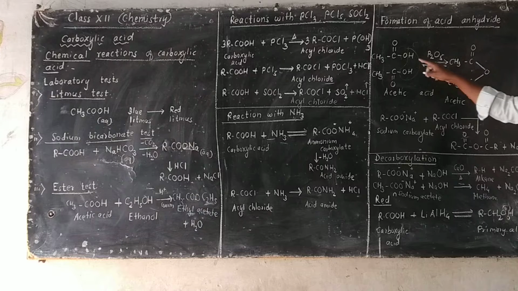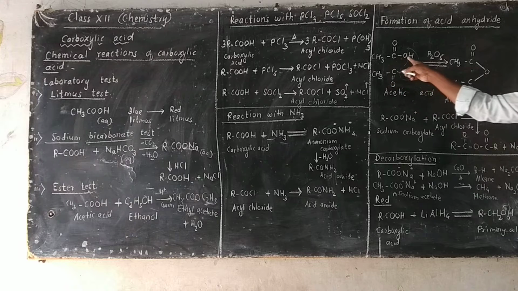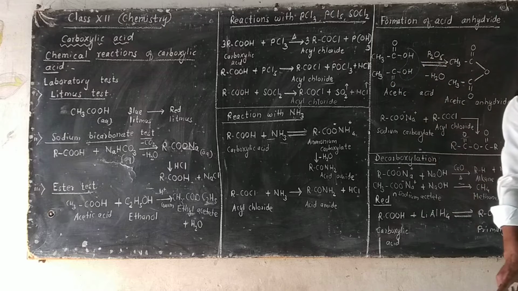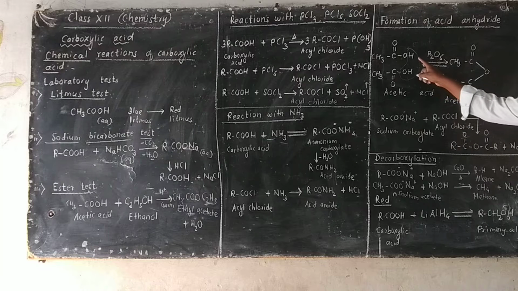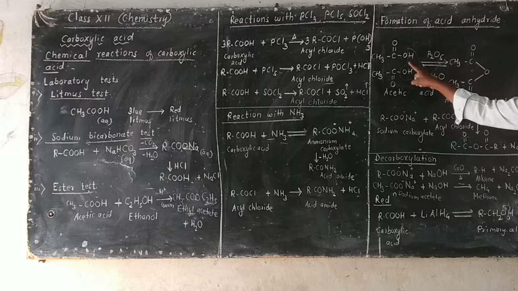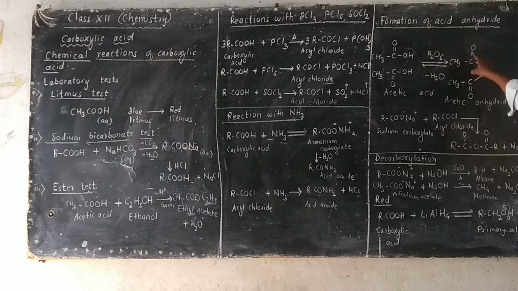Here the example is taken: two molecules of acetic acid are heated with phosphorus pentoxide. Then a water molecule is removed, with hydrogen from one and OH from the other. So removal of H2O, and anhydride is formed. CH3CO-O-COCH3, which is acetic anhydride.